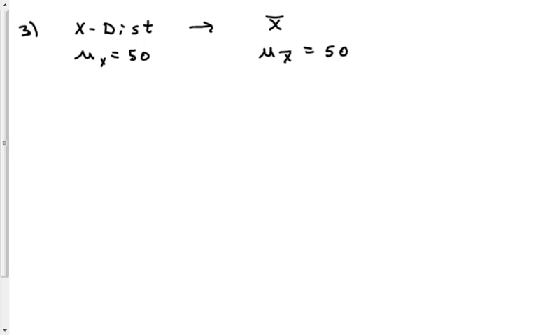The third type of scenario is when we have an X distribution. We are going to have an X-bar distribution of some sort. This X will have a mean, say 50. Then our mean of X-bar will also be 50, regardless of what happens.